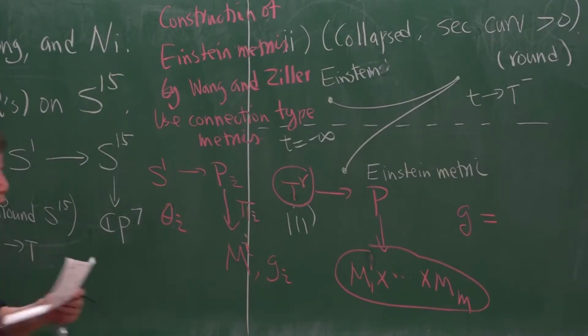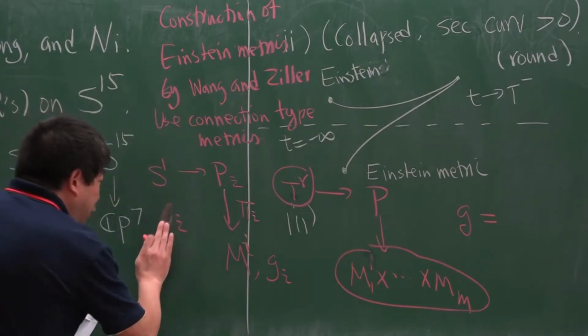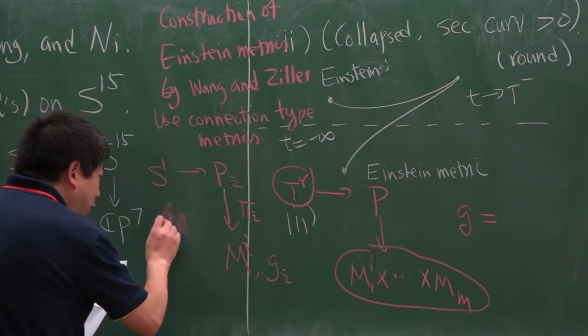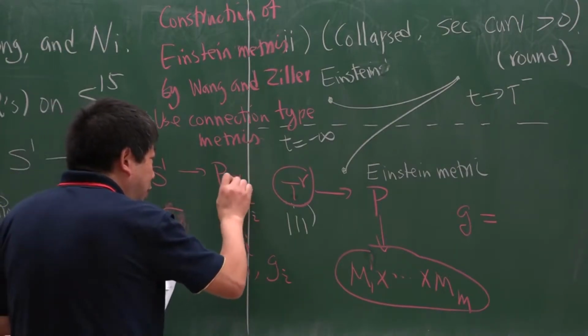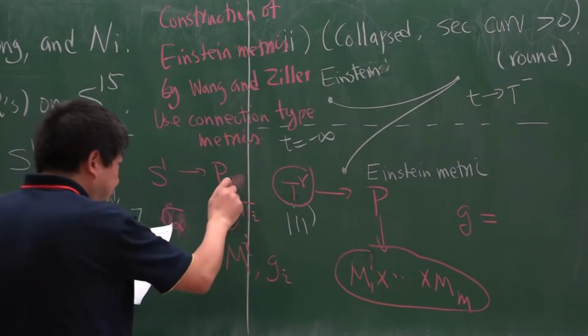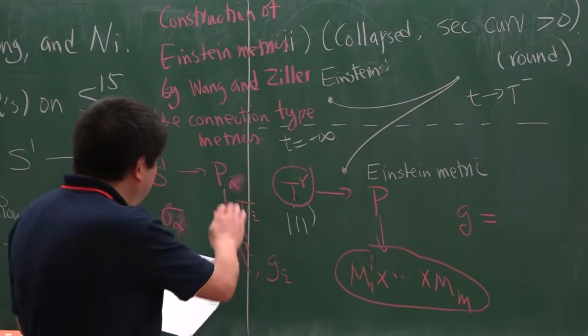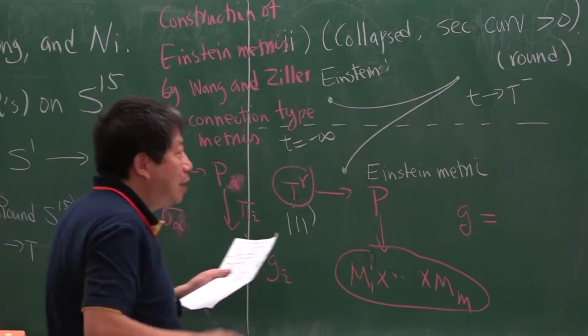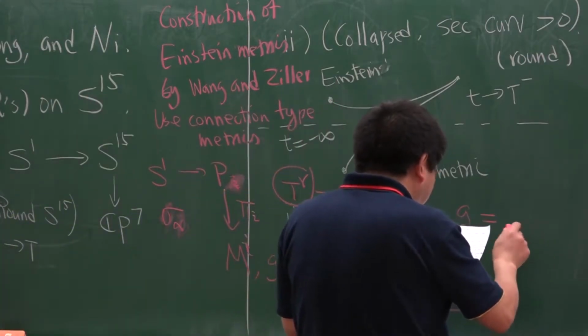Let me change the notation. The connection I use, let's say, theta alpha. Let me explain this theta alpha in a minute. Write down the connection first.